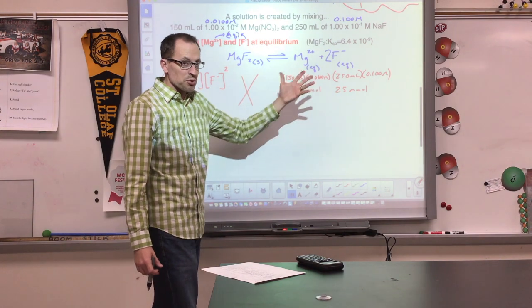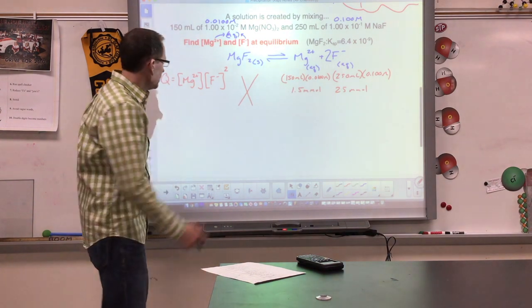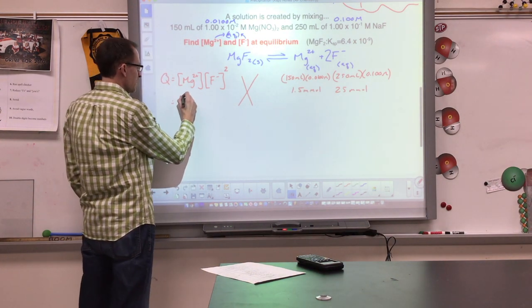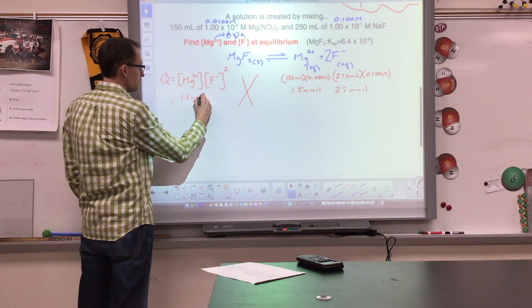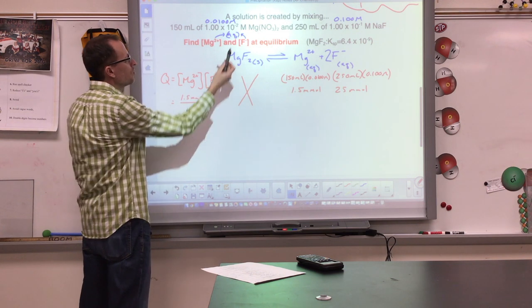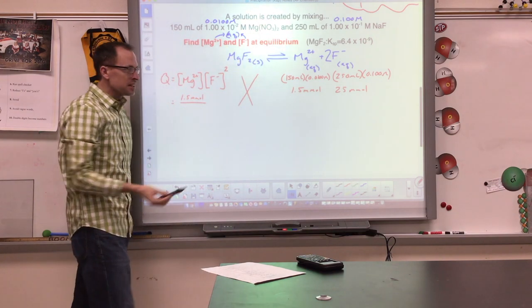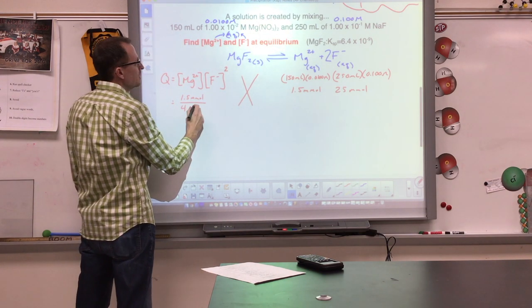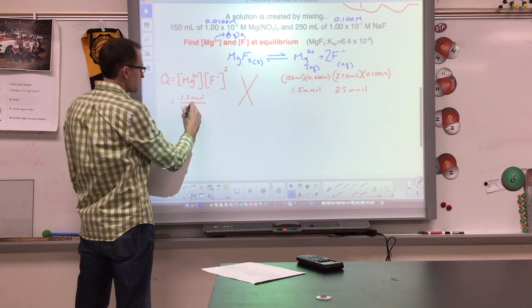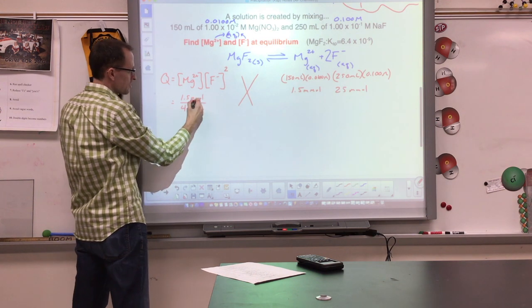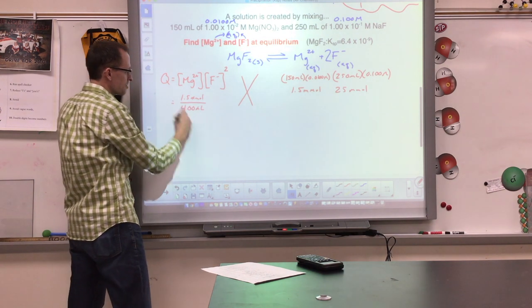I need to put them over total volume. But I've already figured out the moles. So I have 1.5 millimoles of my Mg over the total amount. So 150 and 250 milliliters will be 400 milliliters total. So the milliliters cancel, and now I have moles over liters.